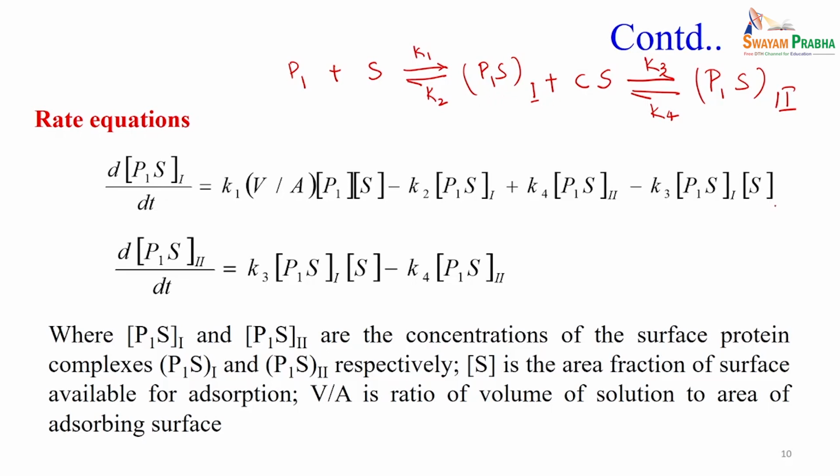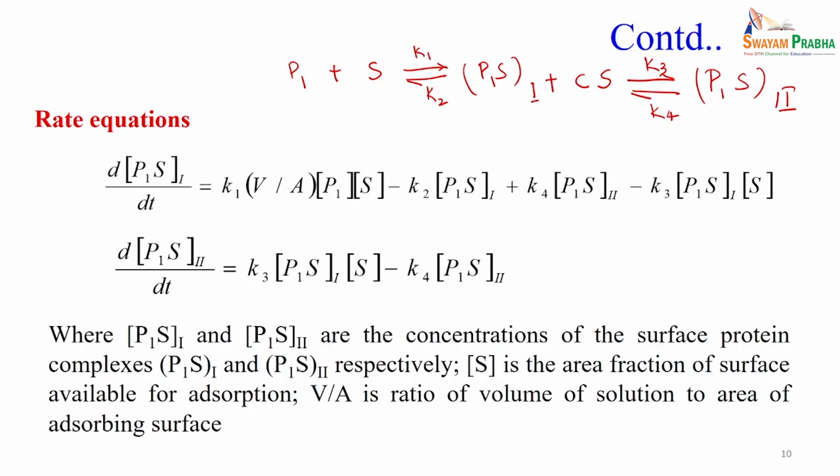P1S1 into S. Now, similarly, we can write for the P1S2, d P1S2 upon dt, including this, it will be the K3 P1S1 into S minus K4 P1S2. So, these are the two rate equations.